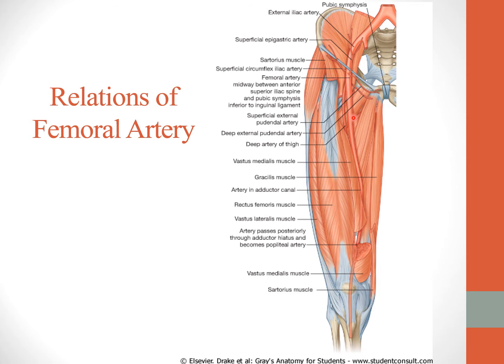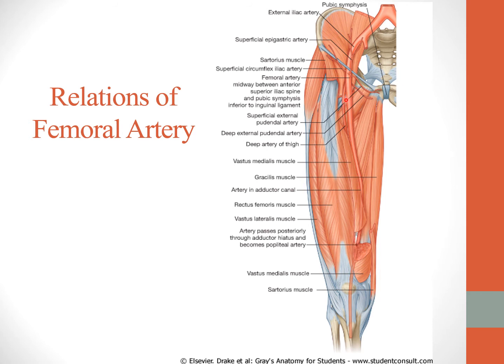So the artery passing anterior to it descends downwards, and in the middle third of the thigh it enters into an opening that is known as the adductor hiatus, and from the adductor hiatus it posteriorly continues as the popliteal artery. So here you can see the artery is descending down, and as it passes through the adductor hiatus it becomes the popliteal artery.